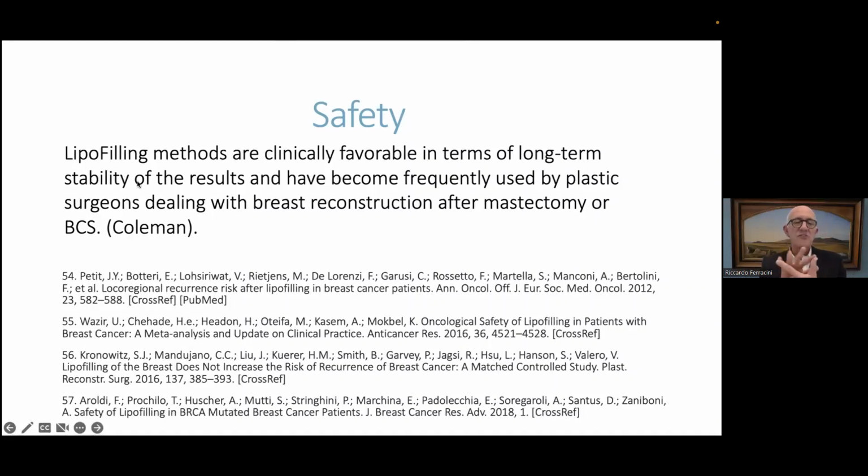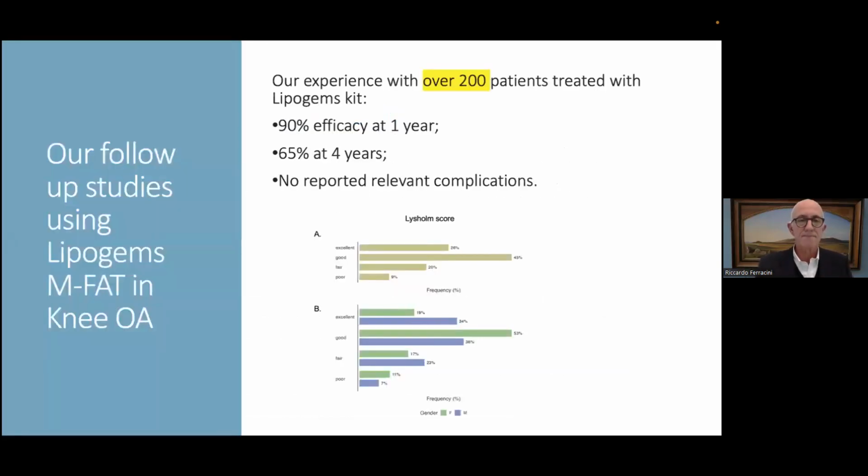There is no difference in recurrence rate. Eventually, a little more recurrence with the silicone prosthesis. So there's no cooperation between tumor cells and adipose tissue extract. So we are safe on that side, okay?